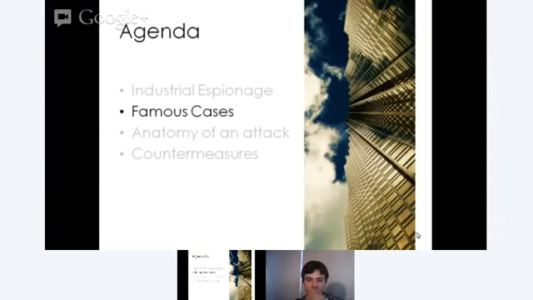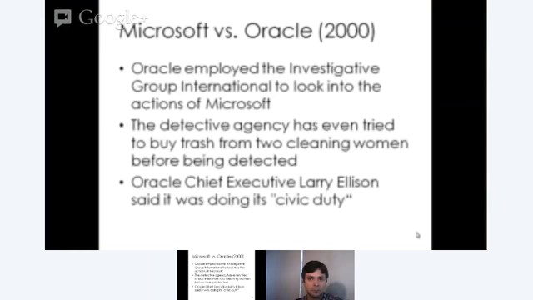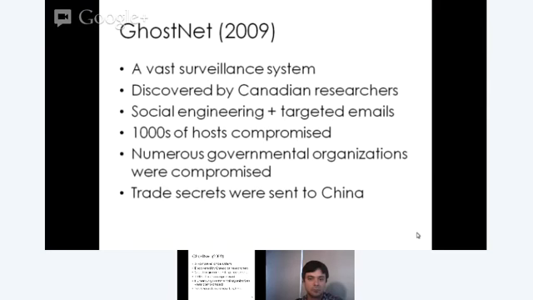So, some famous cases. Back in 2012, I went to look for some famous cases. I found the Microsoft versus Oracle case, where Oracle employed the Investigative Group International to look into the actions of Microsoft. And I found another interesting case, the GhostNet case, where a vast surveillance system was discovered by Canadian researchers.